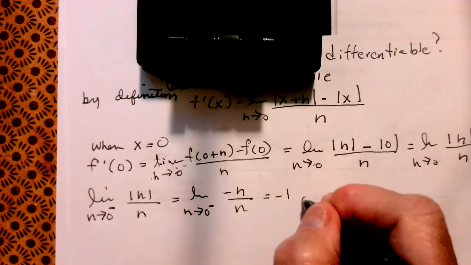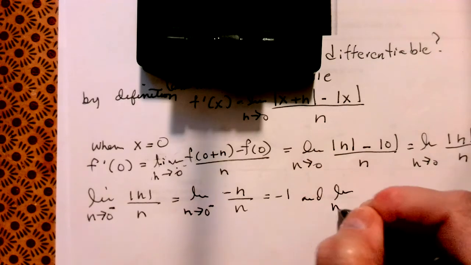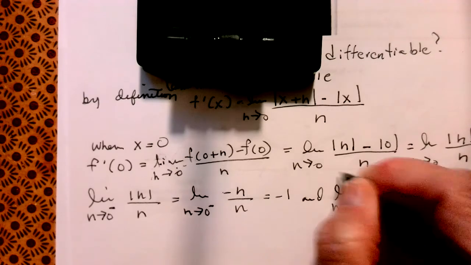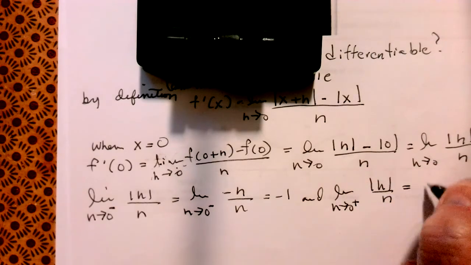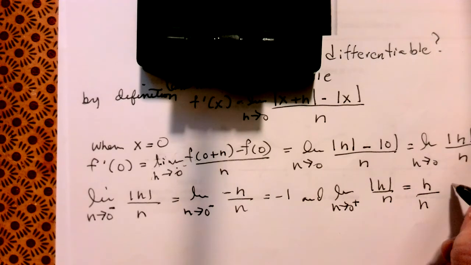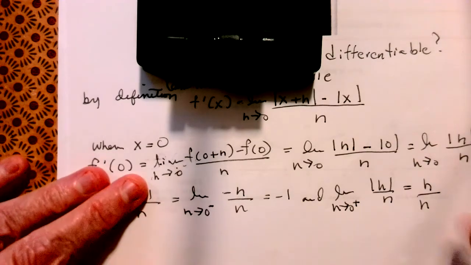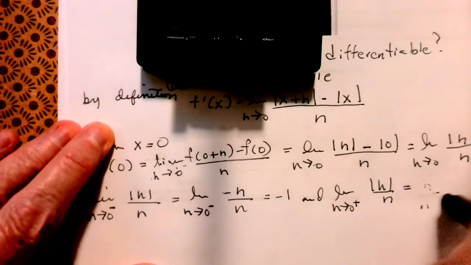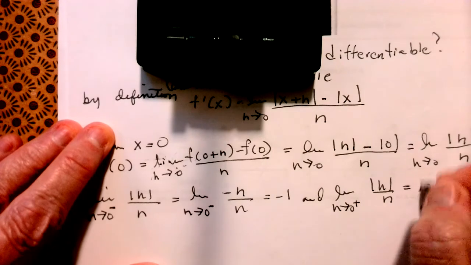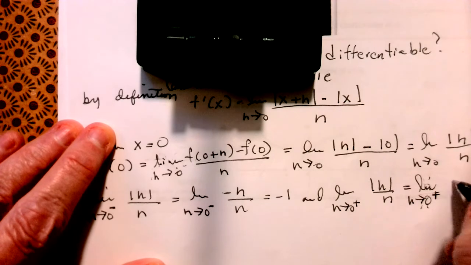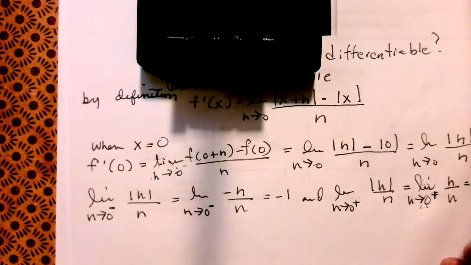And the limit as h goes to 0 from the plus side of the absolute value of h over h, well, if h is positive, then the absolute value of the number is the same as the number. And so that's going to be h over h, which is going to just be a positive one.